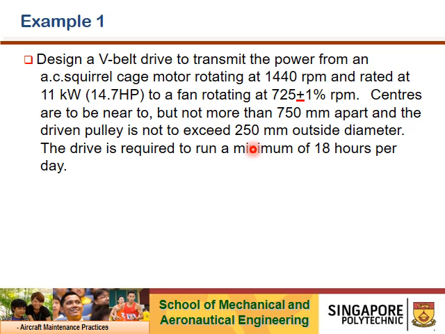Alright, before we proceed further, this is the question for you to read up again just in case you need to refer to. So to recap a bit, we have determined a couple of things. The belt B81, this is very important.